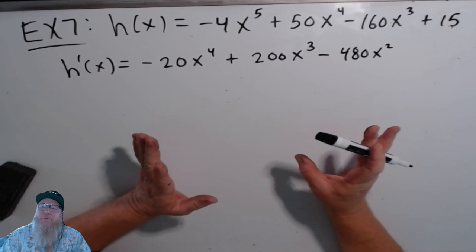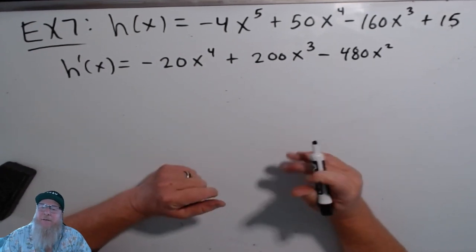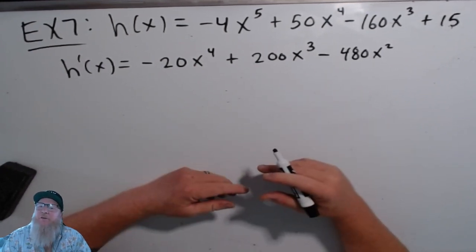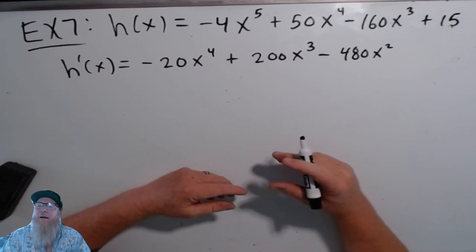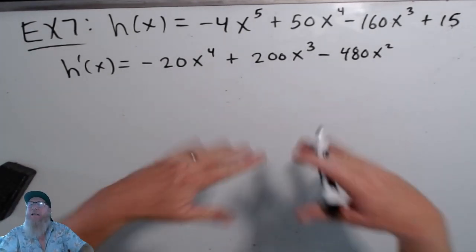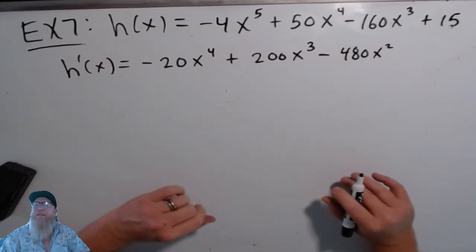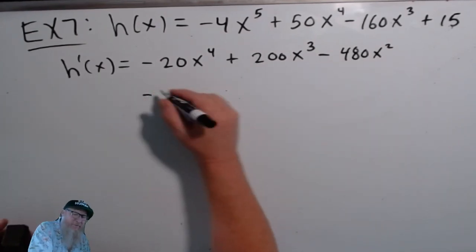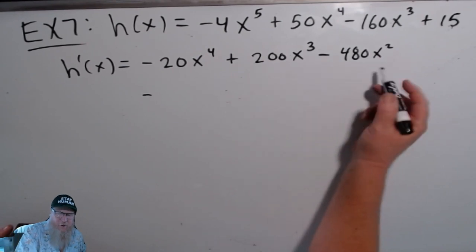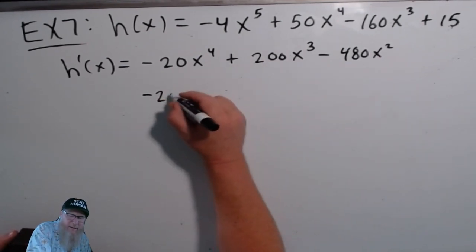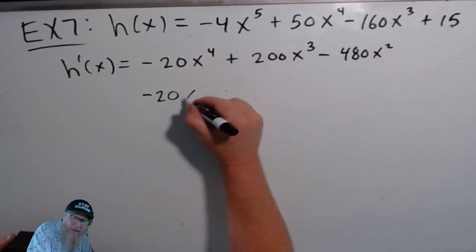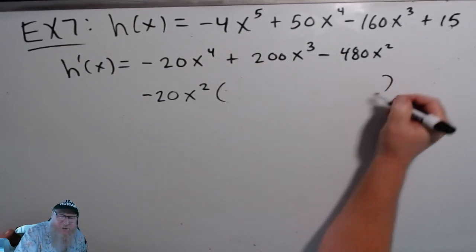Most of these problems are prefabricated by me so that you don't have to suffer too bad. I make them so that they might look scary to the untrained eye, but once you dive into it, you'll see that they should be pretty easy to solve. Notice that these are all divisible by 20, and you can pull out two x's. You can pull out an x squared.